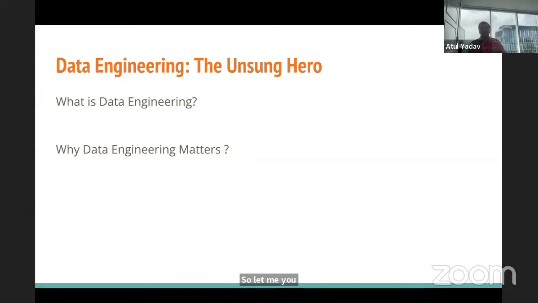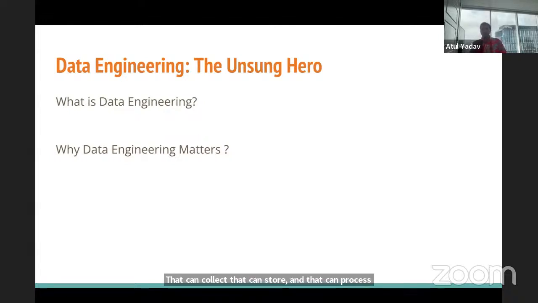Okay, let me talk about this. Data engineering is something like building infrastructure or a platform that can collect, store, and process the data.